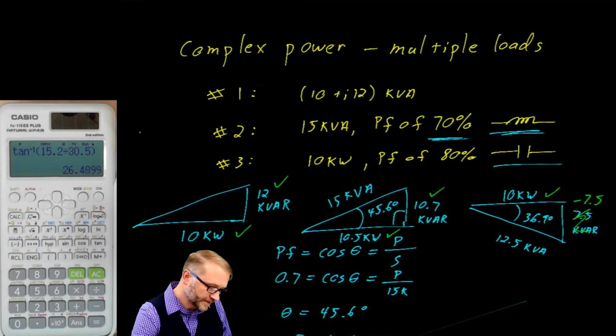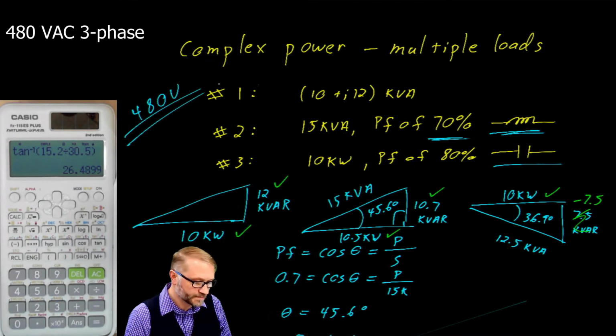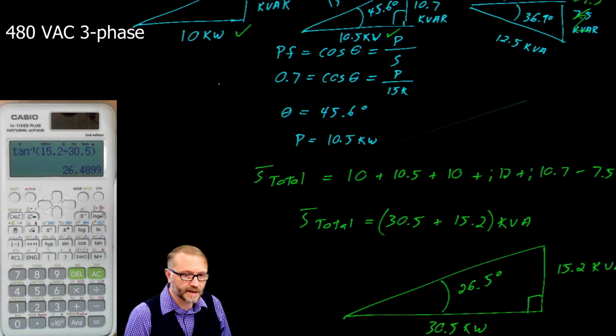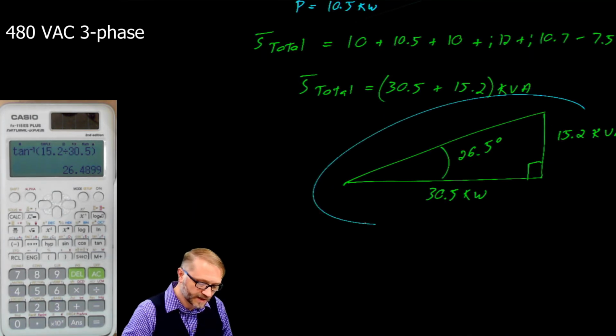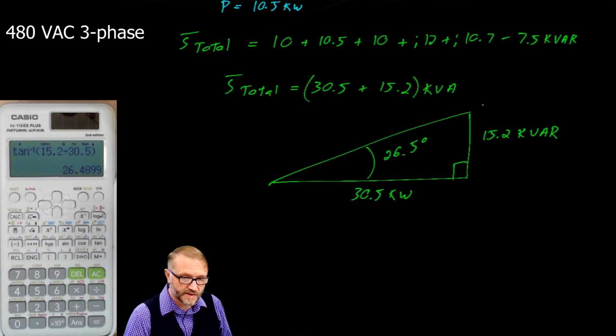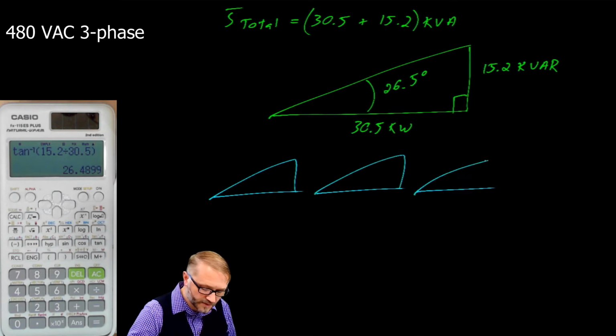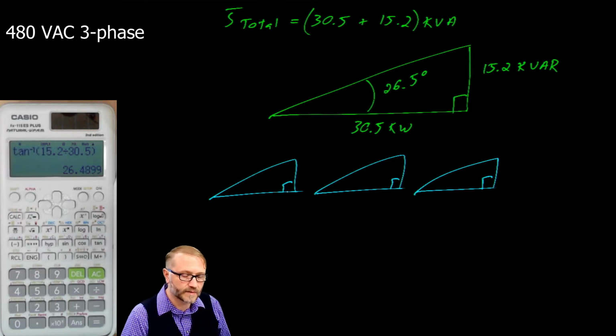Since we're here, we may as well calculate the line current. We have to add one more piece of information, and that is that this is a 480 volt system. To calculate that line current, we need to take this power triangle, which represents all three loads in all three phases, and we need to write it as a per phase equivalent. So you could think of the power triangle as being broken into three smaller triangles, where each triangle represents the per phase power.